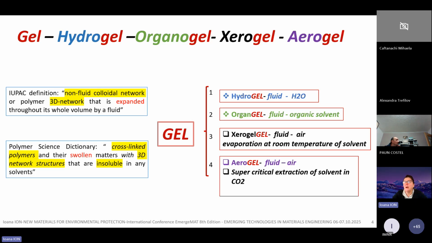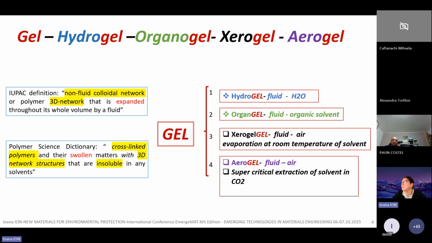This was the IUPAC definition: a non-fluid colloidal network made of a 3D network, which is expanded by a fluid. And the definition of gel in the polymer science dictionary was a cross-linked polymer swollen by solvents.